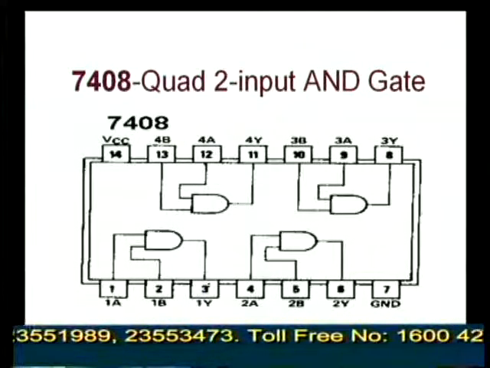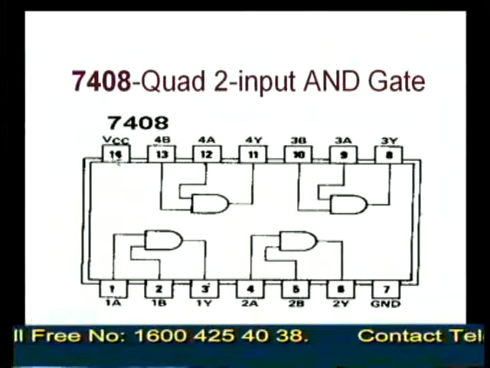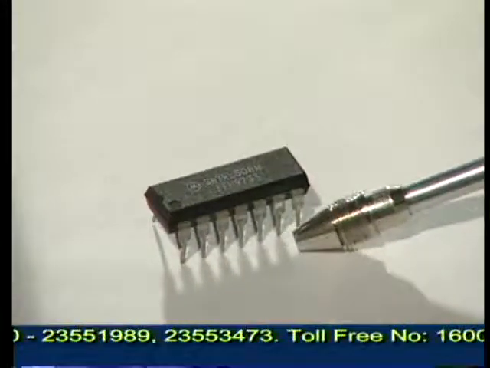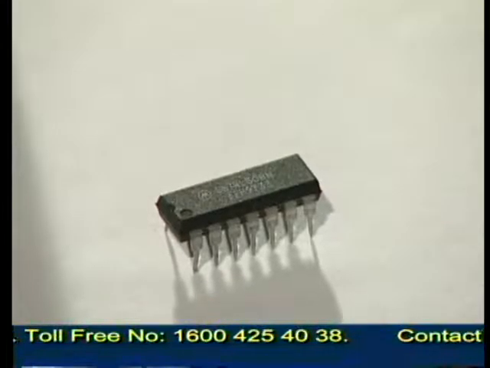As usual, the pin number 7 is for ground and 14 is for VCC. This is the IC 7408. It is a 14 pin IC containing 4 2 input AND gates.